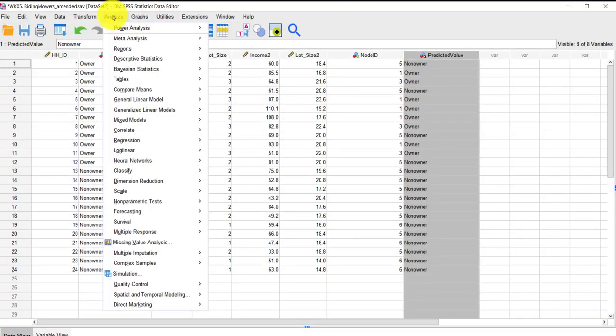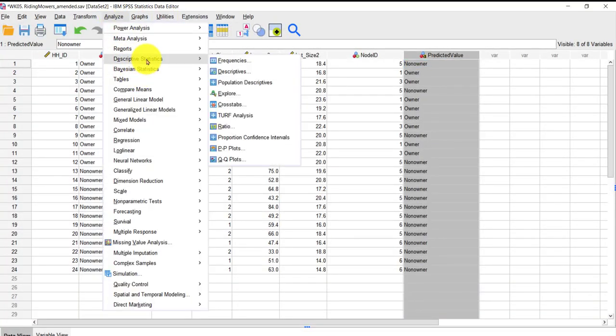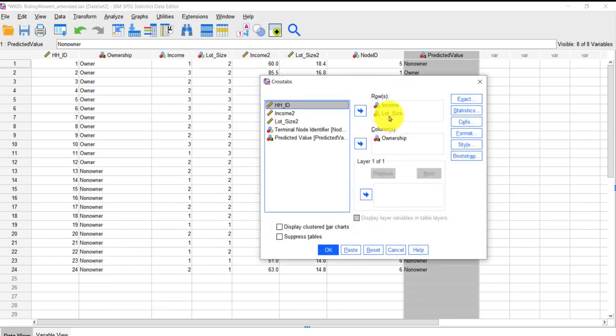Let's click on Analyze and then Descriptive Statistics and Crosstabs. We are comparing discrete actual ownership and predicted ownership. Because both are discrete variables, we are going to use crosstab. Let's reset.